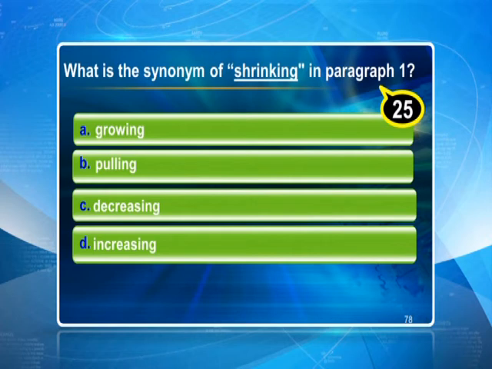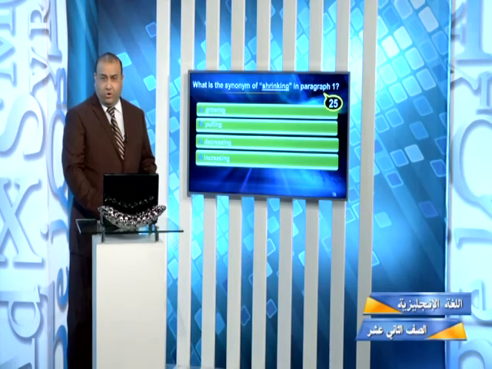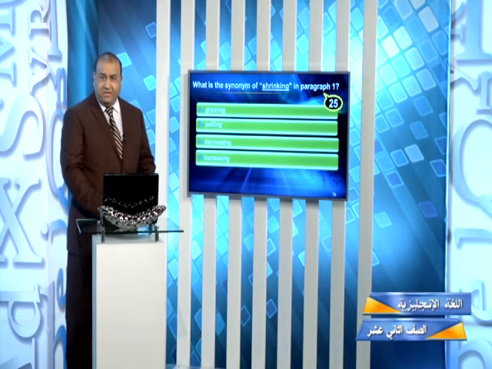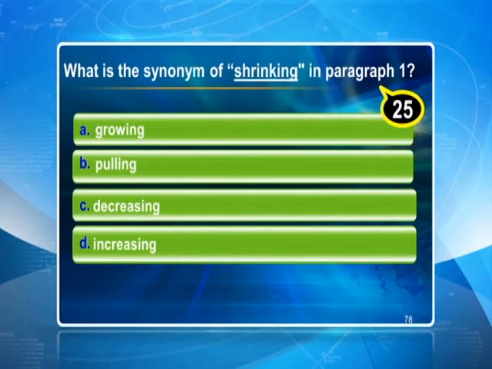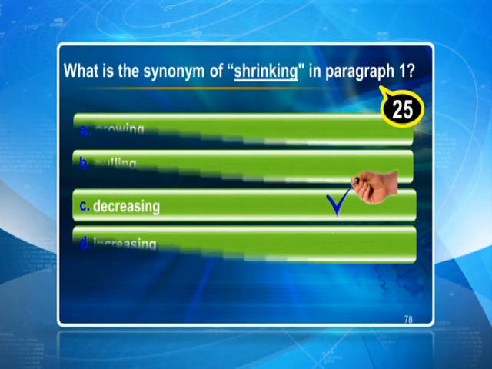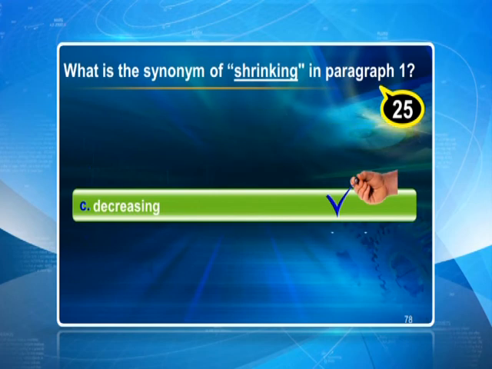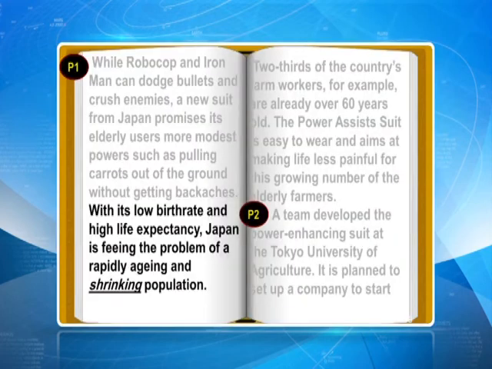What is the synonym of shrinking in paragraph 1? Is it growing, or pulling, or decreasing, or increasing? Even if you don't know the word, you can understand the meaning of the word through context. Now, if you go back to the text, you will make sure that the synonym of shrinking is decreasing. Let's now try to check our answer.